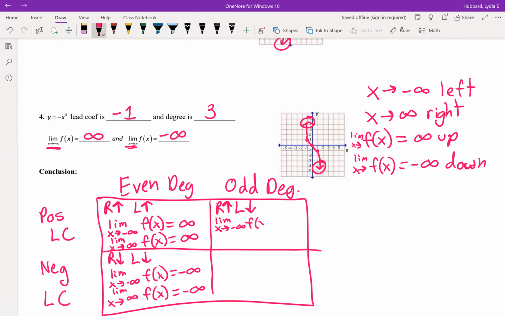As x approaches negative infinity, f of x approaches negative infinity as well, because that's our left side and it's going down. Our limit as x approaches positive infinity, f of x approaches positive infinity because our right side is going up. So hopefully we notice that if we have a positive leading coefficient, our right side is going up both times.